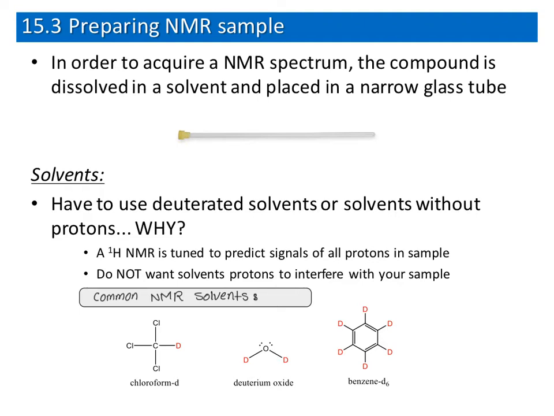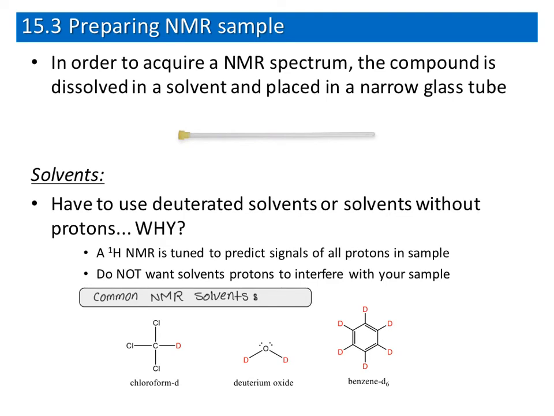Now, talking about solvent, the solvent that we use to dissolve the sample in should be a deuterated solvent. We don't use regular solvents in the lab because most solvents have hydrogen in them, and we don't want the spectrum of the solvent to interfere with the spectrum of the sample. So we use a solvent that has all its hydrogens replaced with deuterium.